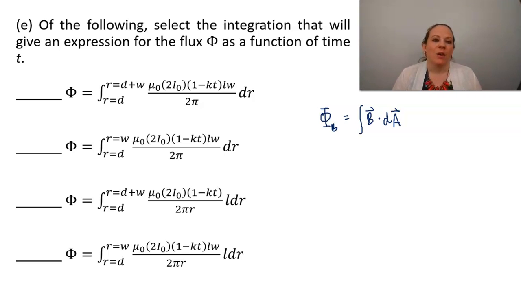So, got a couple of things we have to think about. Namely that our magnetic field in general is going to be mu naught I over 2 pi r, where r is going to be the distance from our wire.